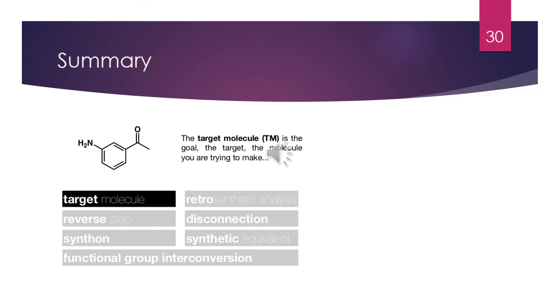In this way, we can step by step rationalize how we can synthesize a molecule by looking backward. We critically analyze the product, and we can predict which reagents will be necessary to carry out this synthesis.